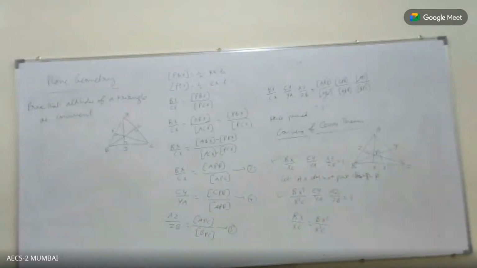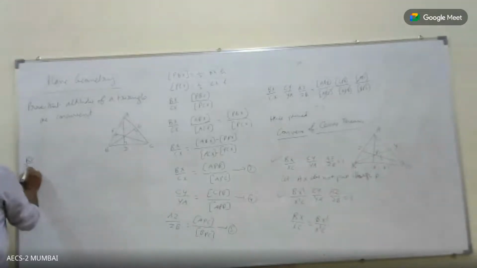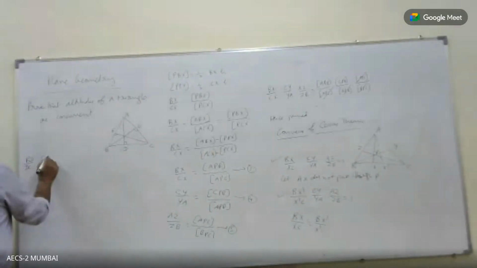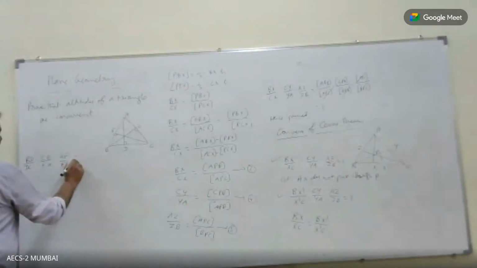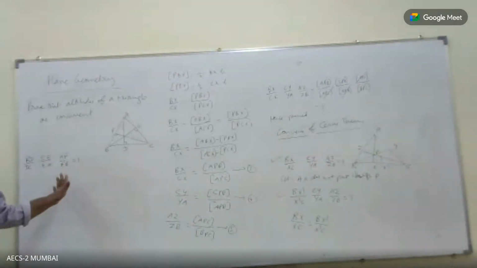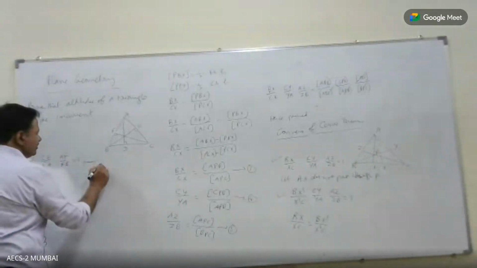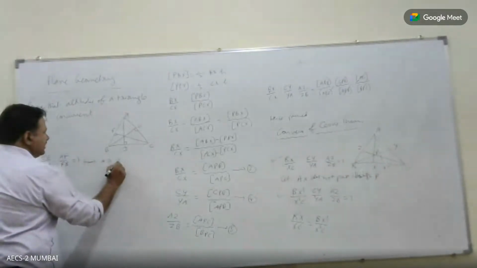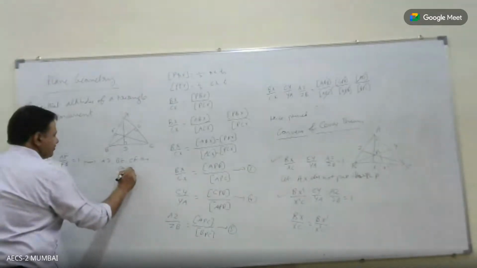If I can prove that BD by DC multiplied by CE by EA multiplied by AF by FB equal to 1, I can conclude AD, BE, CF are concurrent.